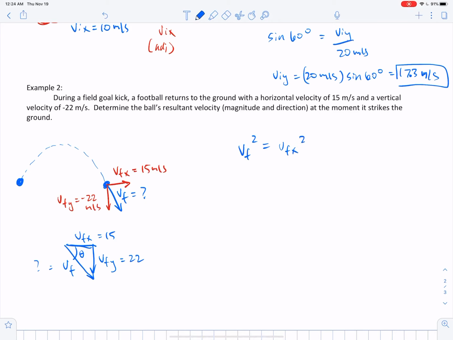So VFX squared plus VFY squared. This is the Pythagorean theorem. So this means 15 meters per second squared plus 22 meters per second squared, and I could take the square root of that whole thing. So I'm going to get 26.6 meters per second.